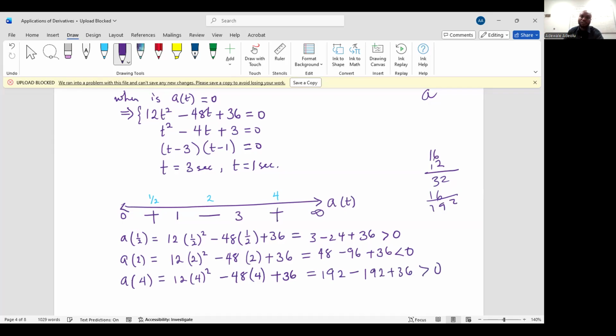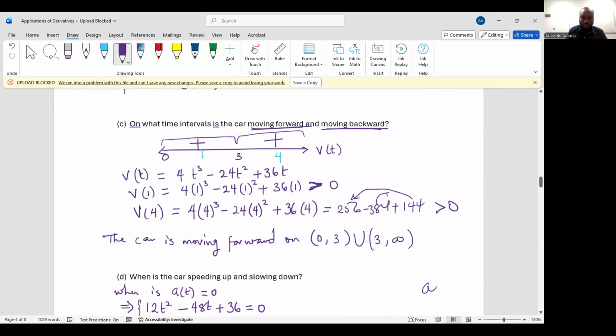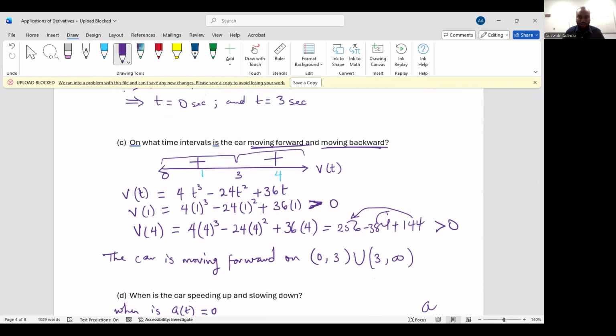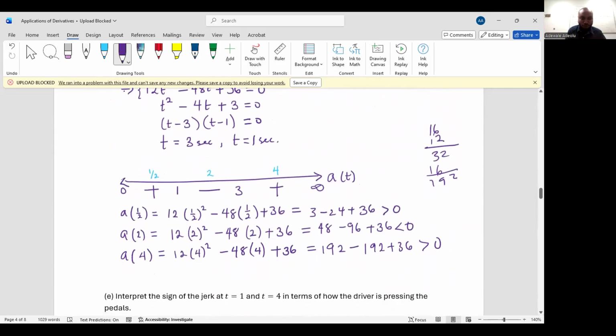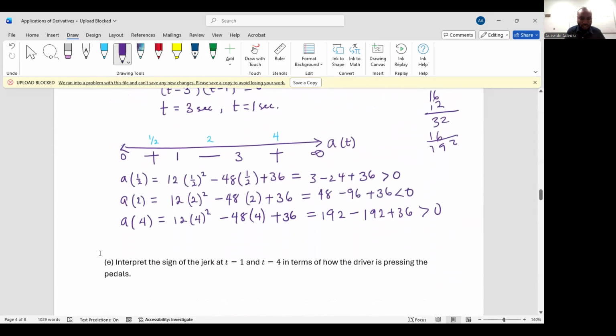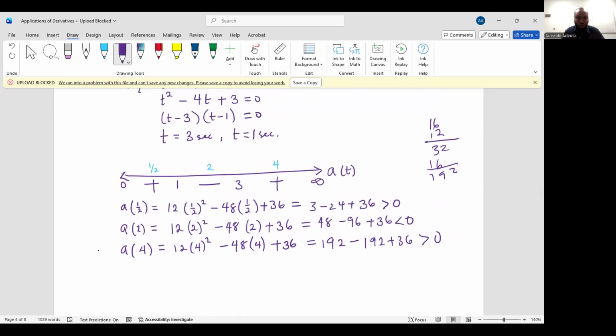So here is positive. Now we can compare this V of t with A of t. Look at how we break it down. From 0 to 1, acceleration is positive.